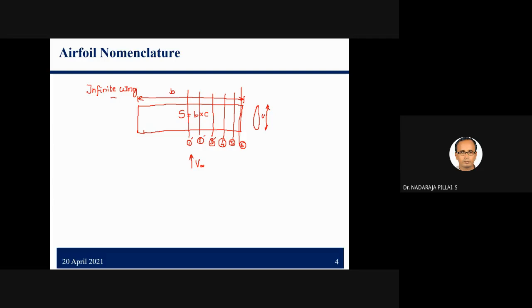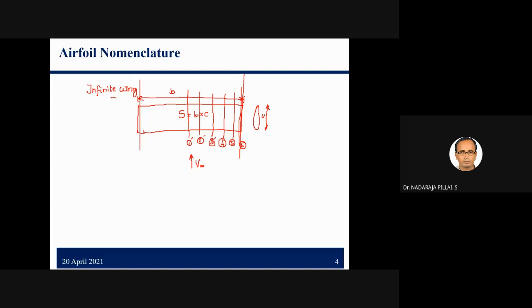Maybe at 5 or 6, there may be an influence from the bottom surface and the top surface, right? So if I keep an end plate, here is an end plate, right?